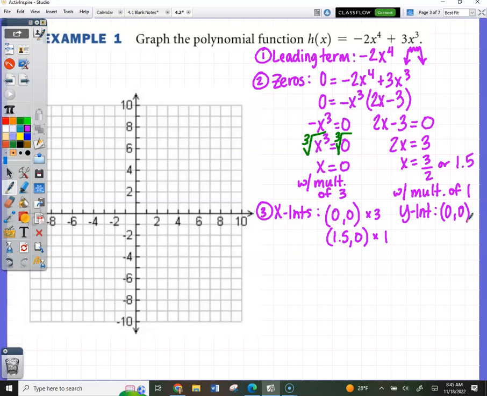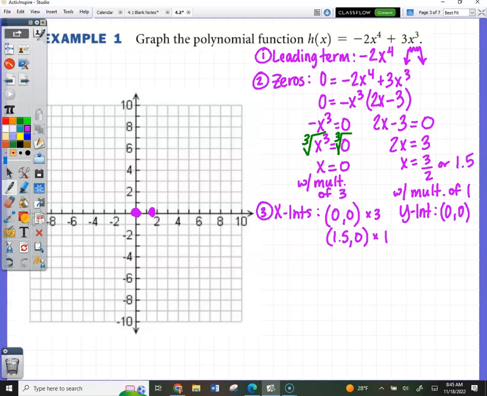So this tells me on this graph, I definitely have something here. I have a point at 1 1/2, 0, which is kind of hard to graph on here, but we're going to do the best we can. And then I've also got another 0, 0, like that it's repeated. The y-intercept is also on here, but I've already got it graphed. So it's all starting to come together.